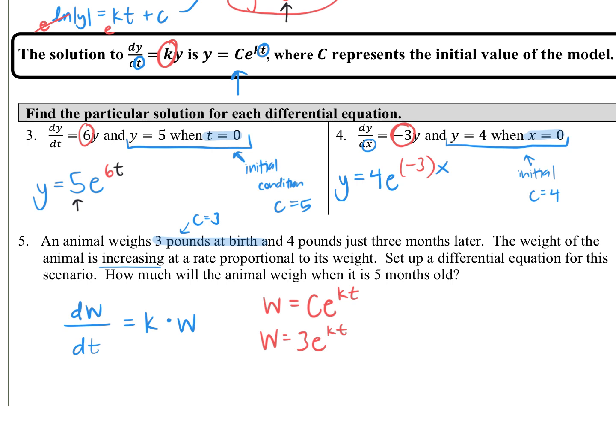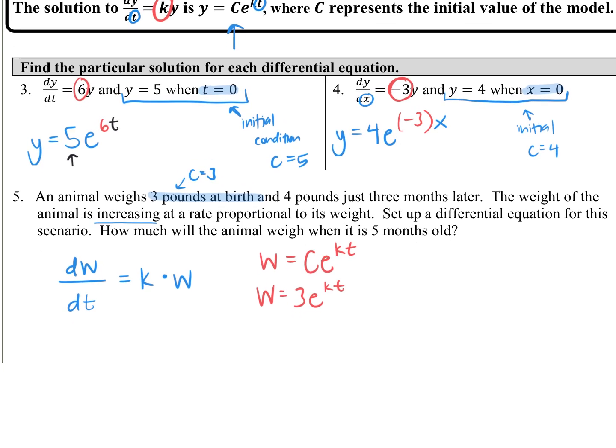It's kind of like a two-step problem here. I need to first solve for what my k value is, and then I can go and solve for how much the animal is going to weigh at 5 months old. But in order to do that, we need to use some more information that we were given in the problem. It says 3 months later, the animal weighs 4 pounds.